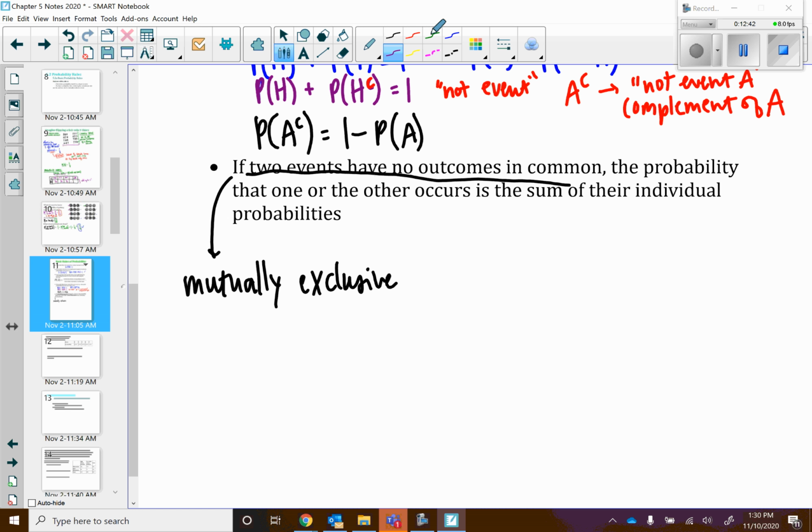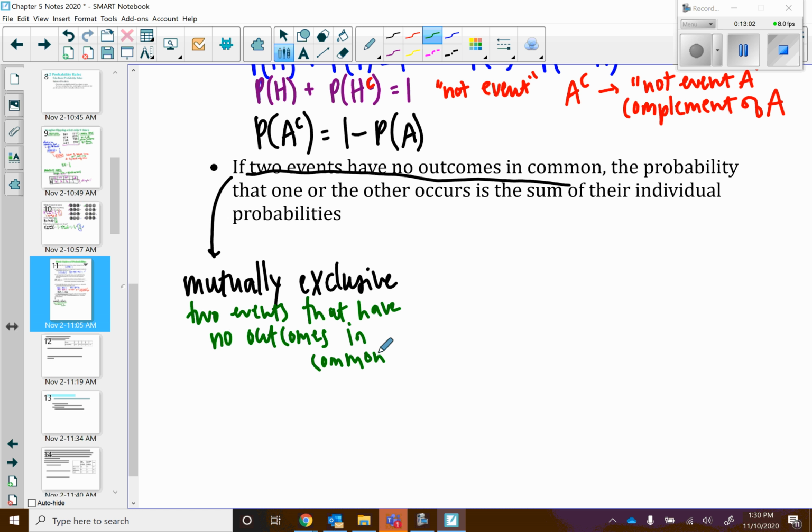So again, I'm just going to rewrite it. Two events that have no outcomes in common. I don't know why my pen is being so bad right now, but that's okay.